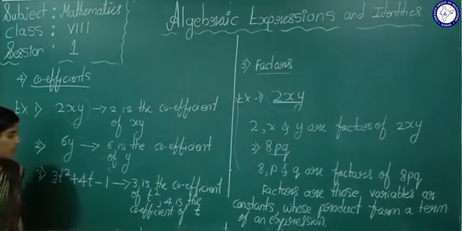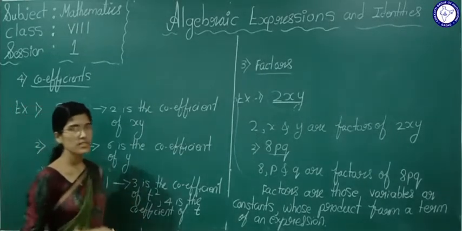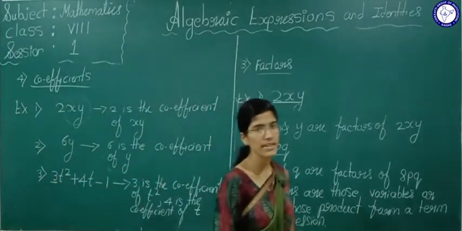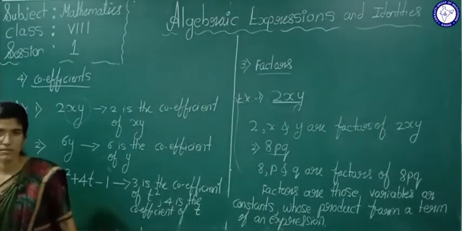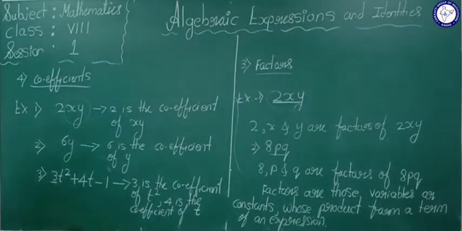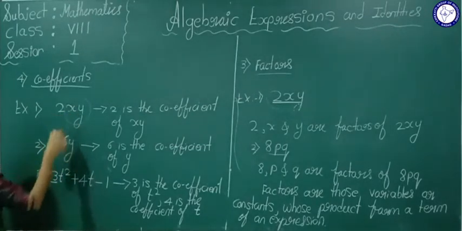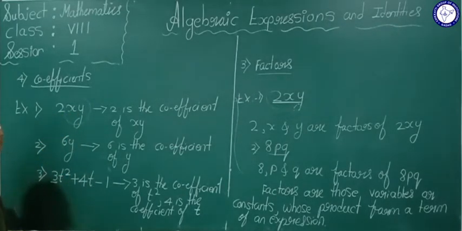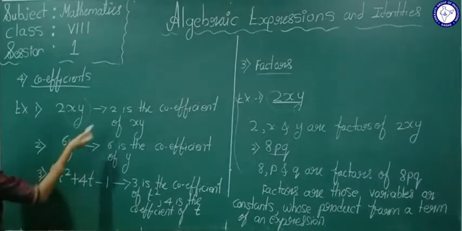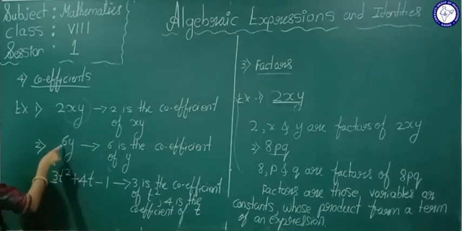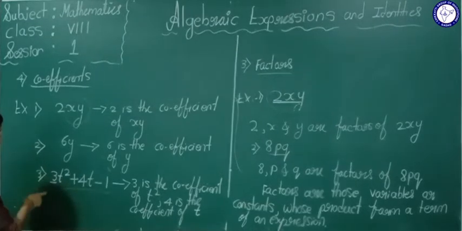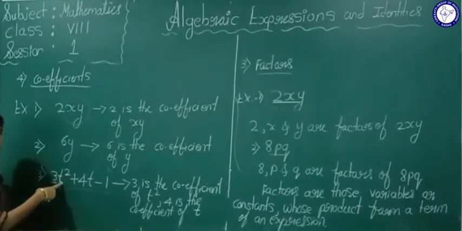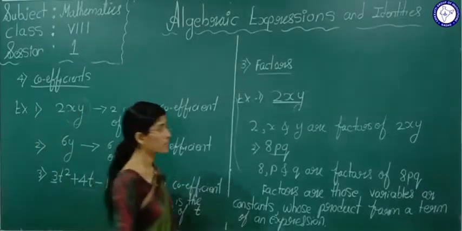Now tell me, what is a coefficient? How can we define coefficient? From this what are you understanding? Now see here, for 2xy we wrote a number, right? Here 2 is the coefficient of xy. In example 2 we wrote 6 is the coefficient of y. In example 3 we wrote 3 is the coefficient of t square, 4 is the coefficient of t. Then how can we define coefficient?